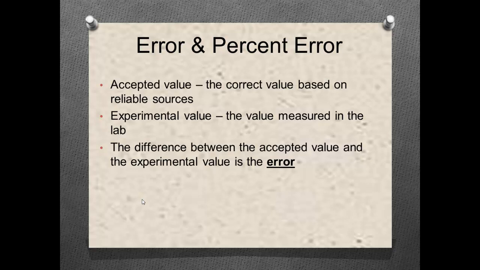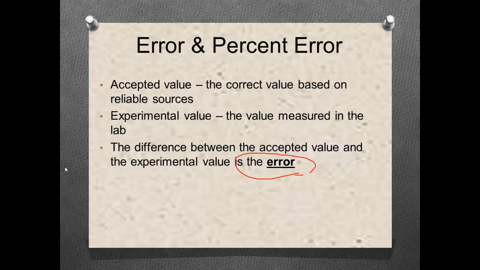The second value is the experimental value, and that's the value measured in the lab. So the experimental value is what you get when you do an experiment. And then when you subtract the difference between the accepted value and the experimental value, that is what we call the error.